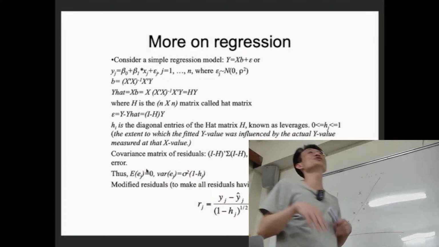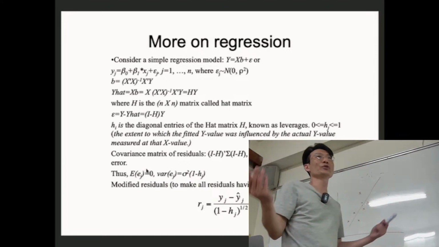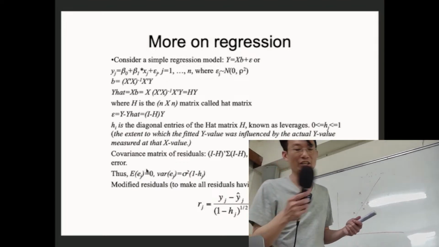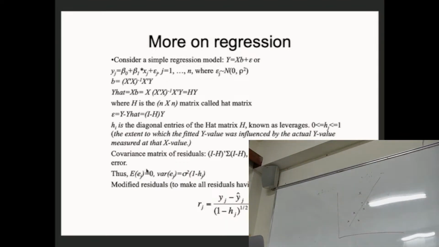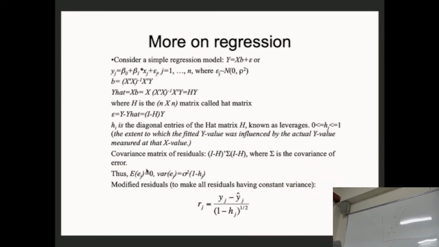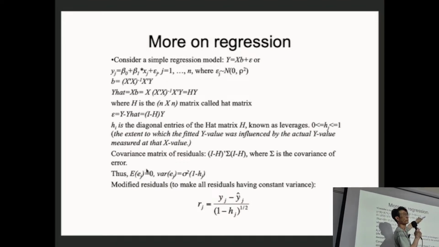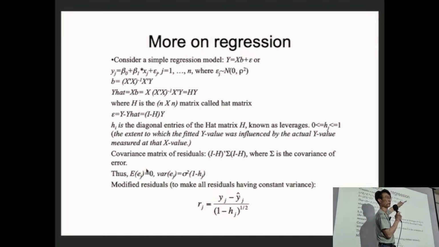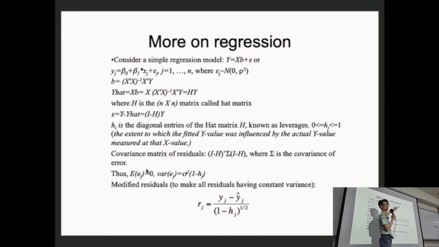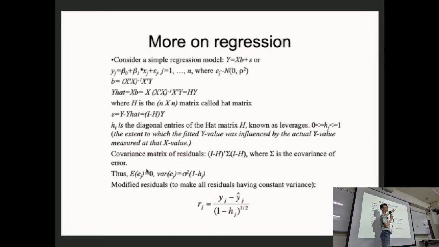So to improve the efficiency, another way to do the bootstrap is, instead of bootstrapping from the original data, we bootstrap epsilon. Bootstrap the residual. This is called a residual bootstrap for regression. Of course, everybody understands this now.